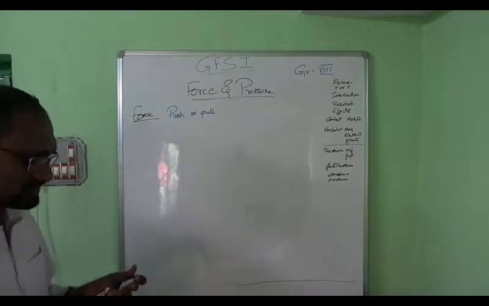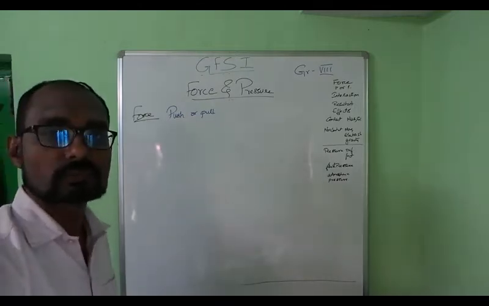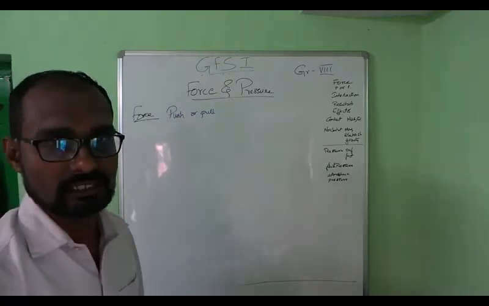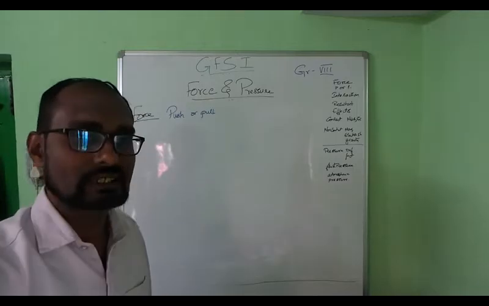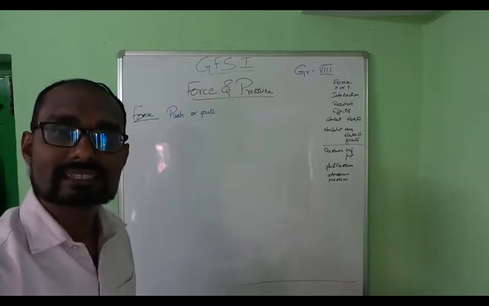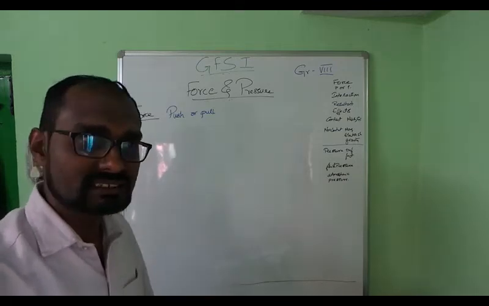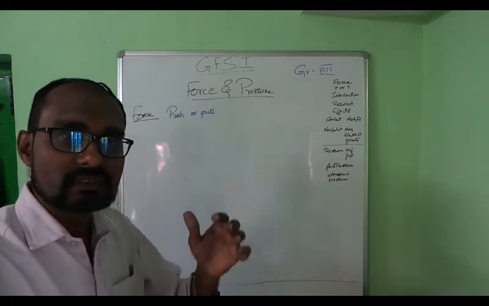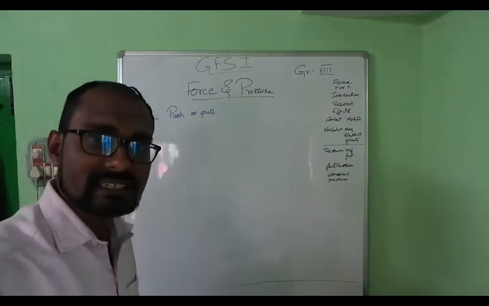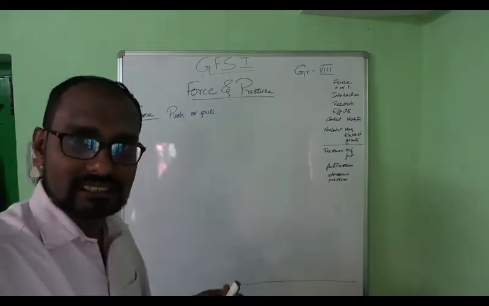So force is nothing but a push or a pull acting on a body. Now when we say it is acting on the body, definitely there is some interaction between these two. There is some connection between the object on which the force is acting and the object which is exerting force.